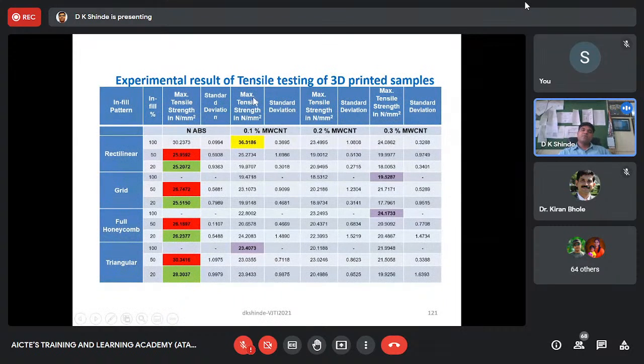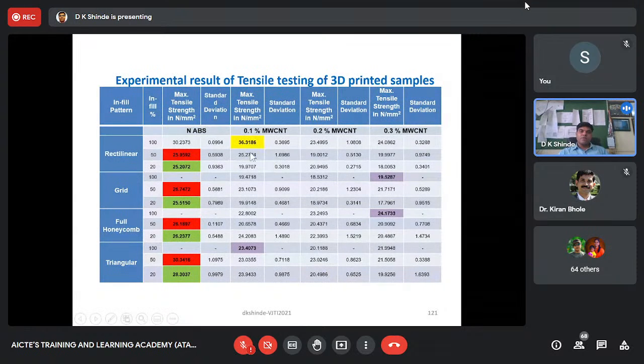So what we have seen from this analysis and comparison of the tensile properties of the 0.1, 0.2, 0.3 weight percentages, in all four patterns, including the infill percentage of the material while printing these 3D composite tensile coupons, which we later tested.